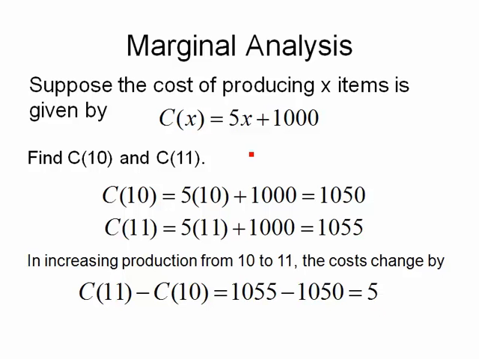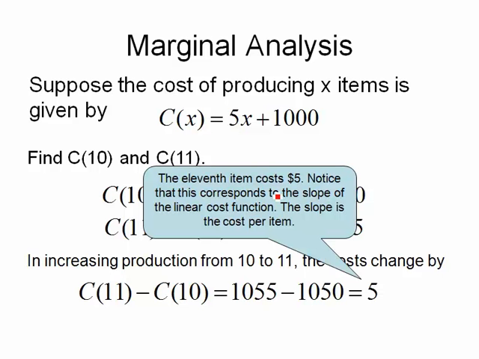So the 5 that we see up here has something to do with our variable costs. In fact, when we increase our production by 1, that 5 is telling me how much my costs increase by. So the 11th item cost us $5.